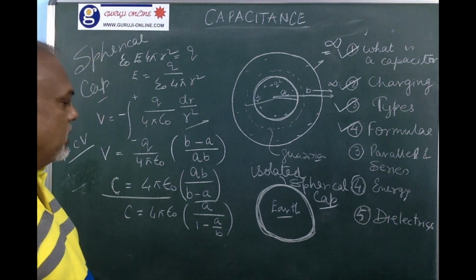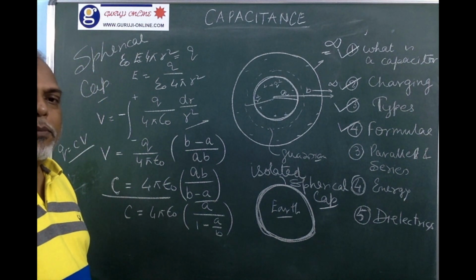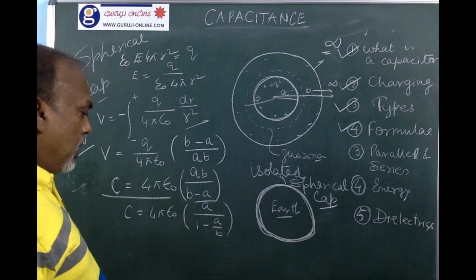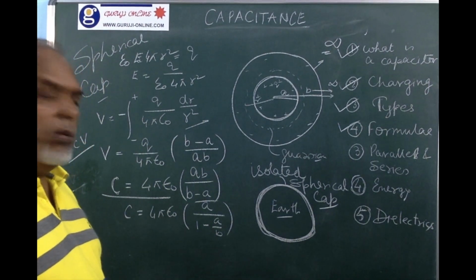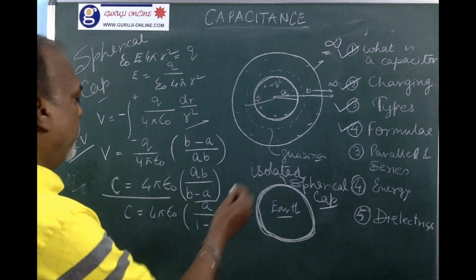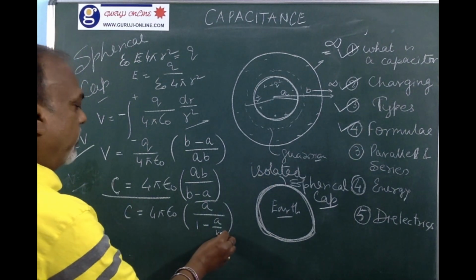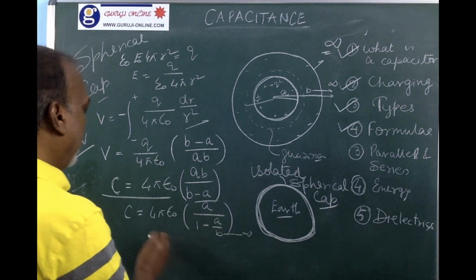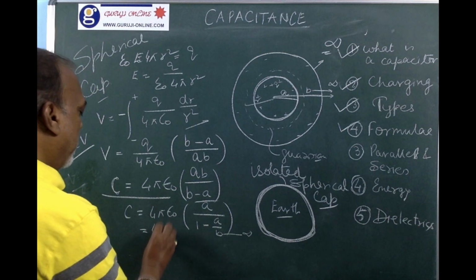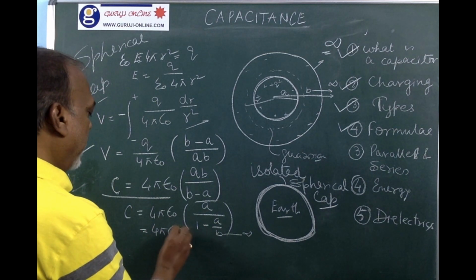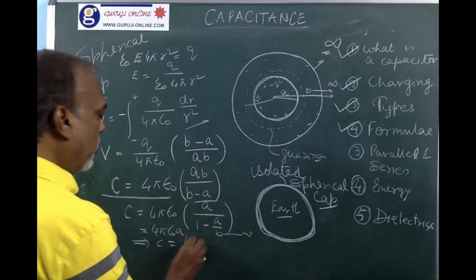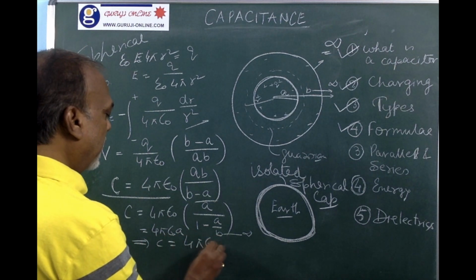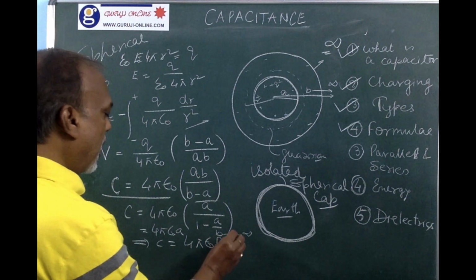We can write it like this. Now B is going to infinity. This going to infinity means this will be nothing but 4 pi epsilon 0 A, or we can write it as C is equal to 4 pi epsilon 0 R.